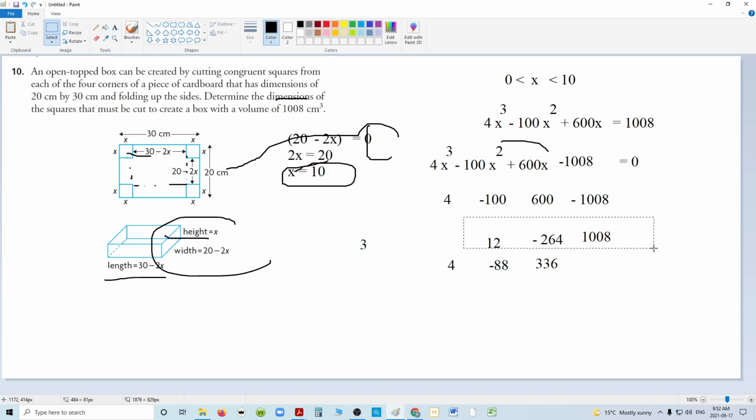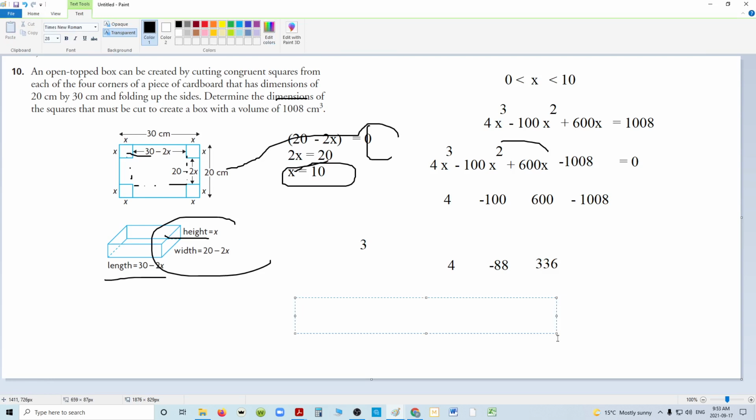And just make sure I got my right numbers, and I do, which means x minus 3 is a possible answer. In that case, x would be equal to 3. And remember that they did say determine the dimensions, so we're not done yet, which is solving for x.